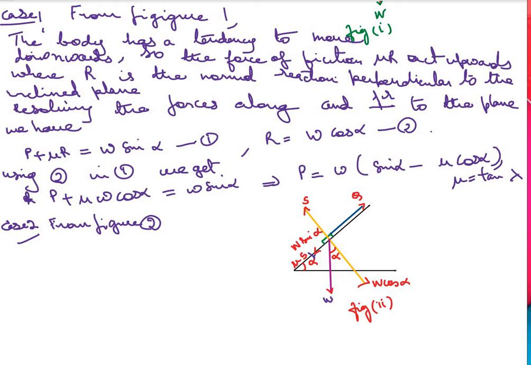So in this case, the body has a tendency to move upwards. If it has a tendency to move upwards, then mu S, the force of friction, will act downward, where S here is the normal reaction.